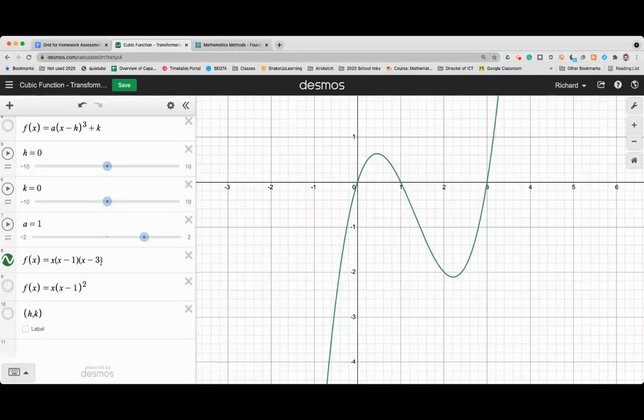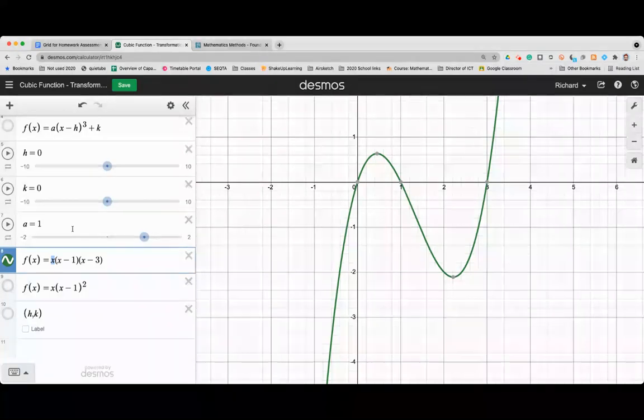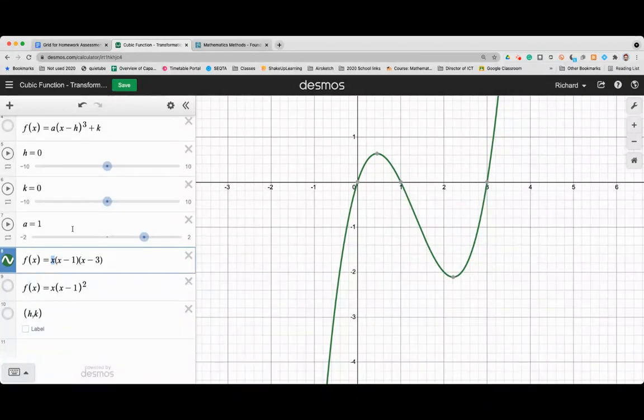For this one, I've got one x-intercept at 0, and we've got a factor over here, which is just x. Null factor law says one of the solutions is x equals 0.